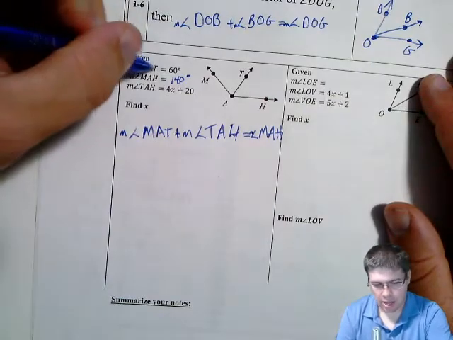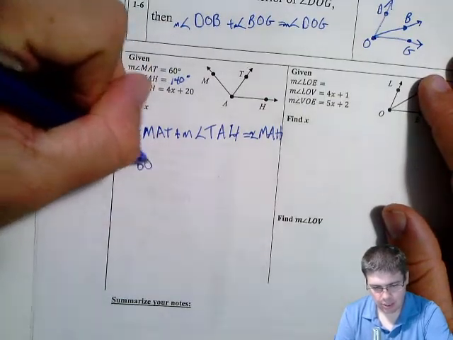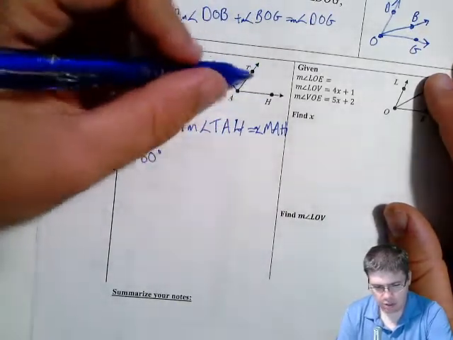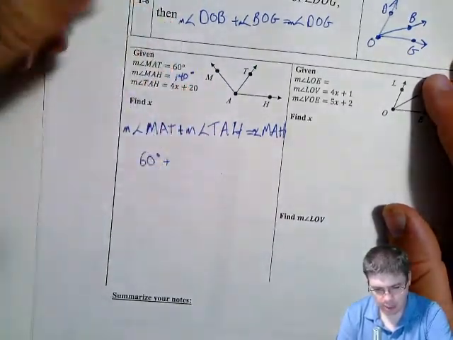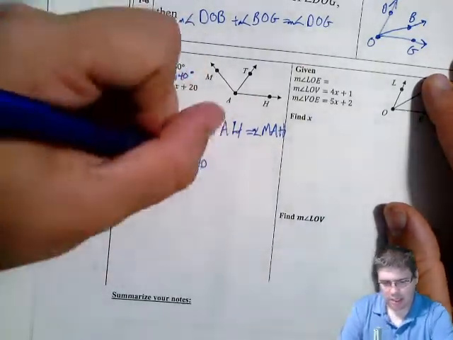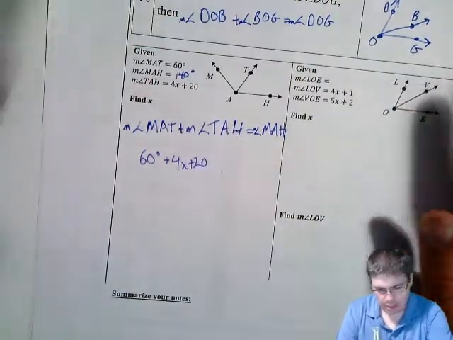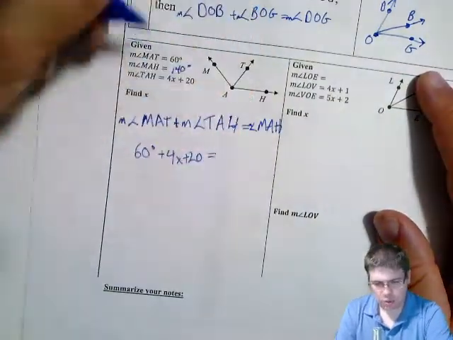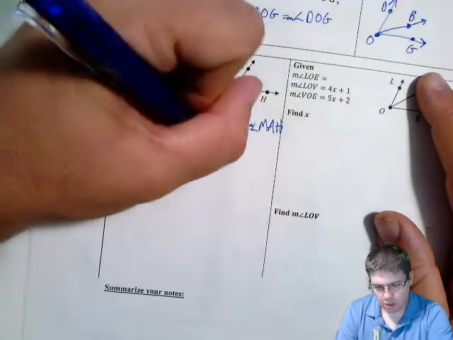So I know that angle MAT is 60 degrees, plus TAH, which is this other part, 4x plus 20, and that all is degrees. I could put parentheses and degrees on the outside, but I'll just throw them in at the end. That is equal to MAH, which is 140 degrees.